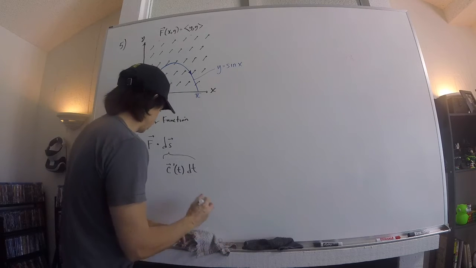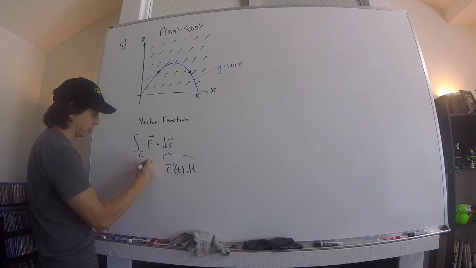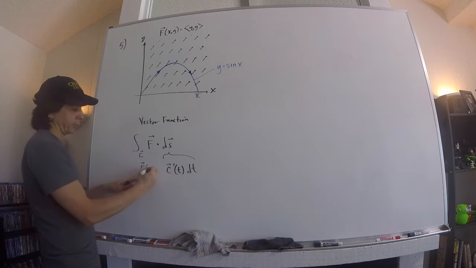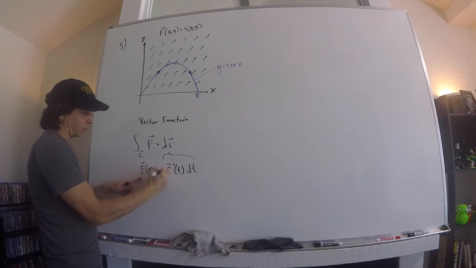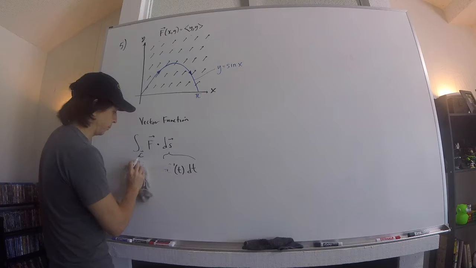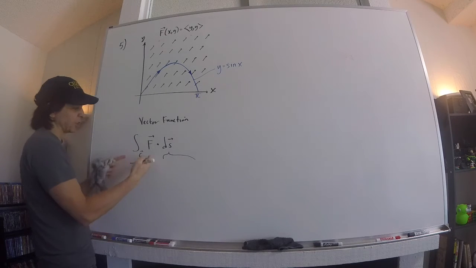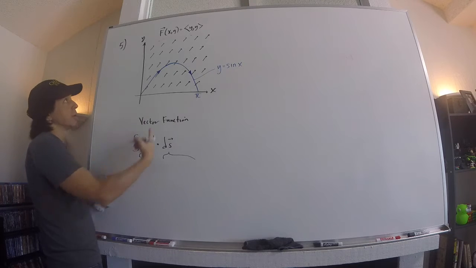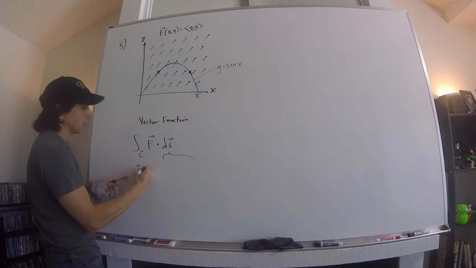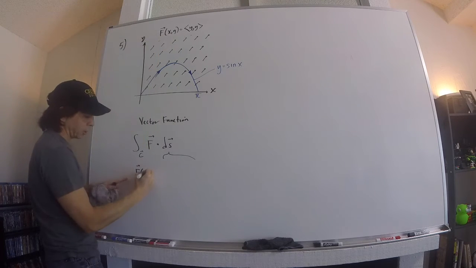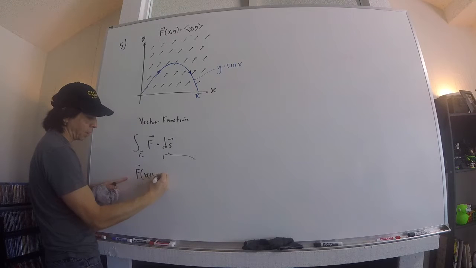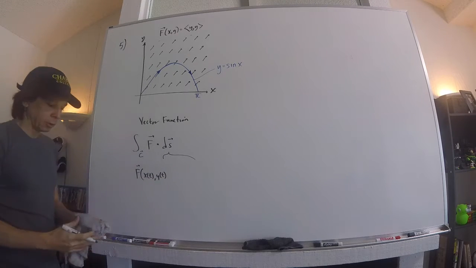So we're going to be doing that times f of x of t, y of t. So that's what we're breaking down. Good dot product right there. Let me write it down. So again, this is a condensed form. F is that function f of x, y, and we're going to be interpreting it as x of t, y of t, because we need to read this in terms of a parameter.